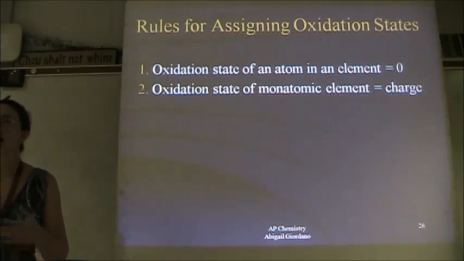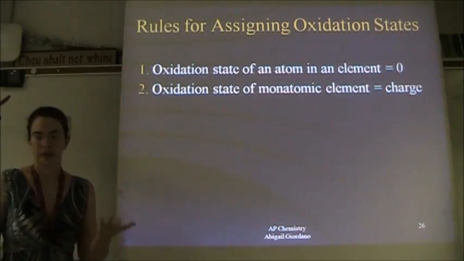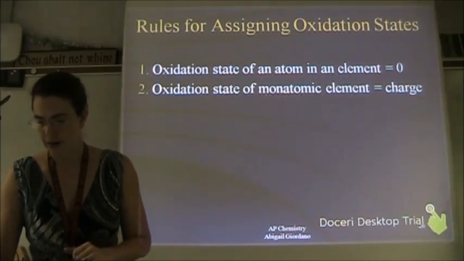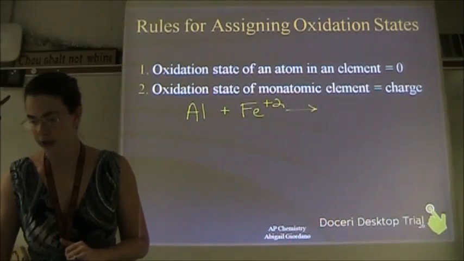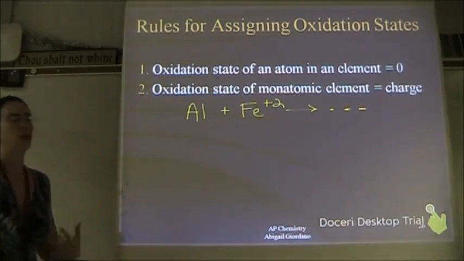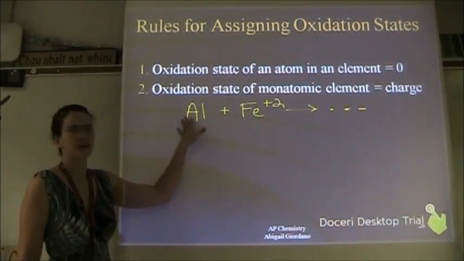Well, what if it's not just a neutral element? For example, if I had, I'm just making this up, aluminum plus iron with a plus 2 charge yields something, something, something. Who cares? The point is, what's aluminum's charge here? 0.